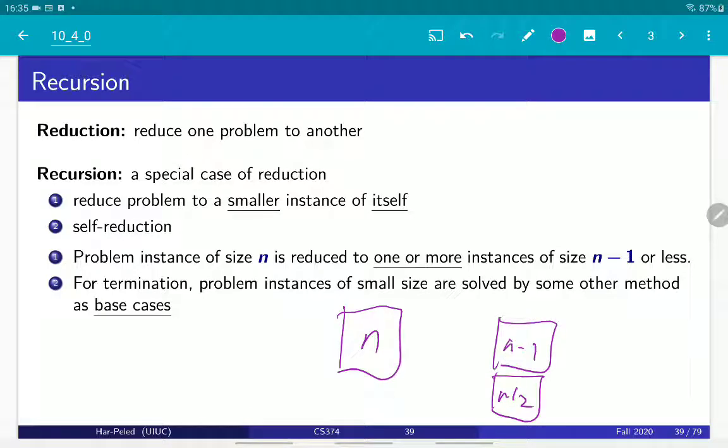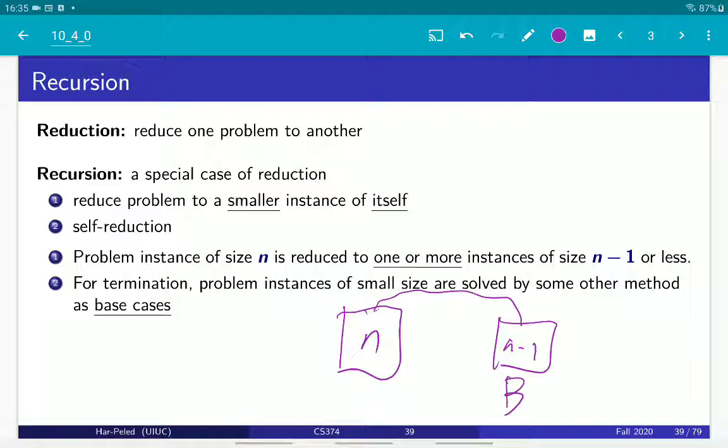It can solve instances that are smaller. And the question now becomes, okay, how can I solve my problem of instance n with this box? Think about it as a different box, B, that can solve smaller instances, right? So when you think about it as a black box, I give you a black box that can solve a smaller instance, then you can build an algorithm to solve the original instance.